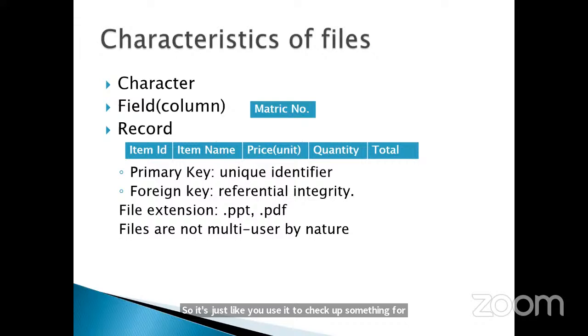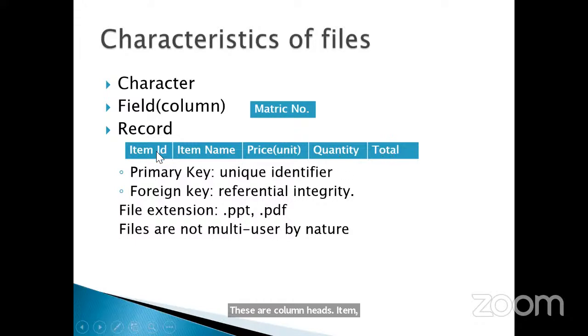So these are the characteristics of files. We have the character, we have the field or the column, then we have the records. This is a column, and these are the column heads: item ID, item name, price, quantity, and total.